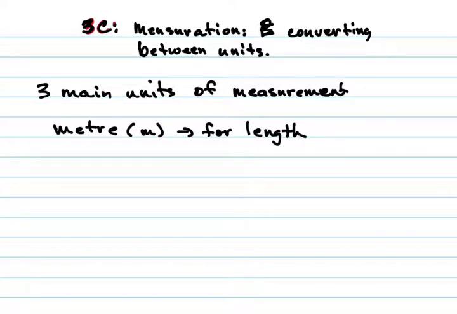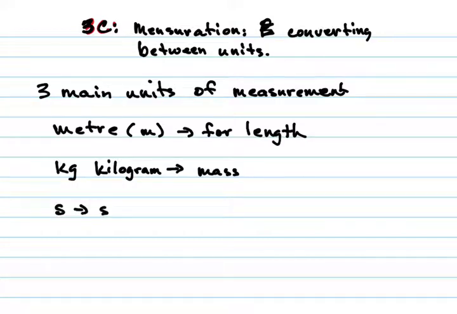We have the kilogram, and that's the basic unit for mass, which we usually think of mass and weight as the same thing because on Earth it is. If you went to a different planet, then they're not the same, but they are the same on Earth. And then we have S, which stands for seconds, and that's the basic unit for time.